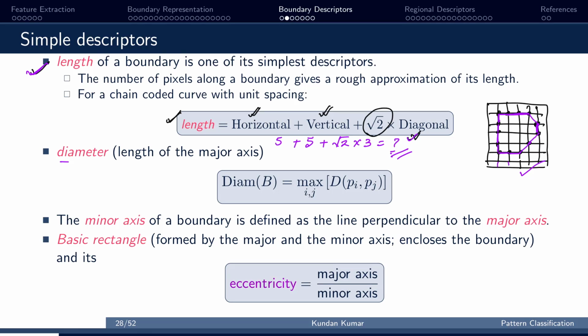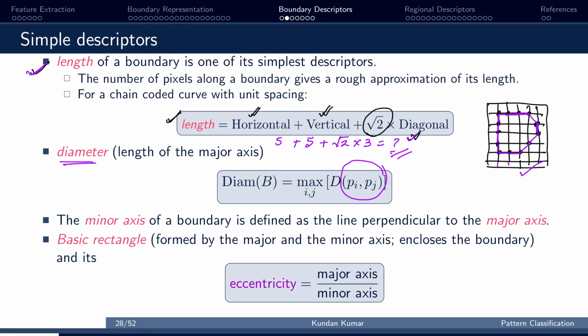We can compute the diameter. And how can we compute the diameter? We compute the distance between each pair of boundary points, and we consider those two boundary points which are at the maximum distance.